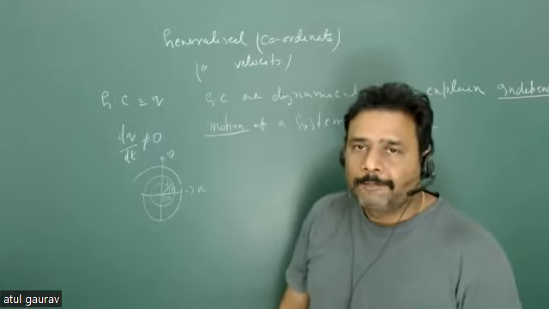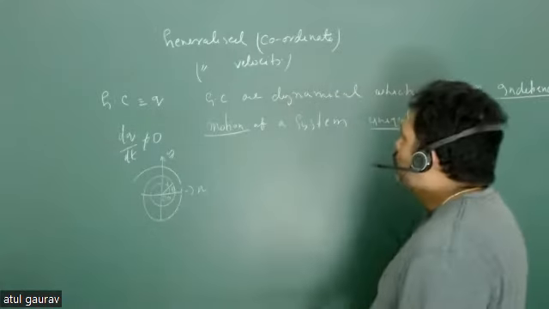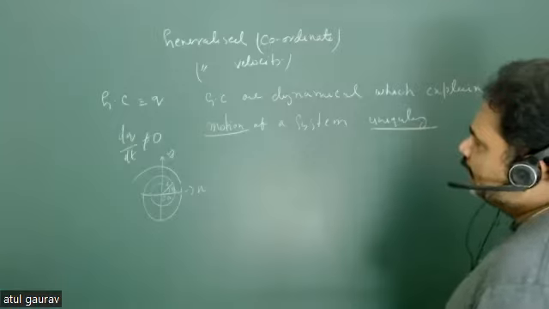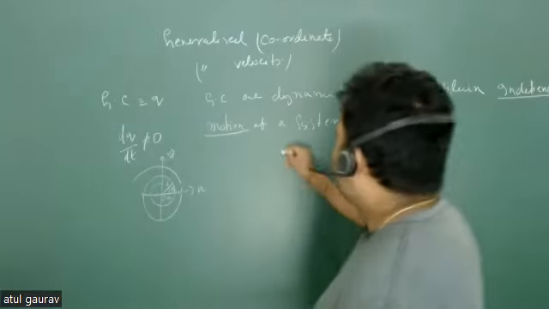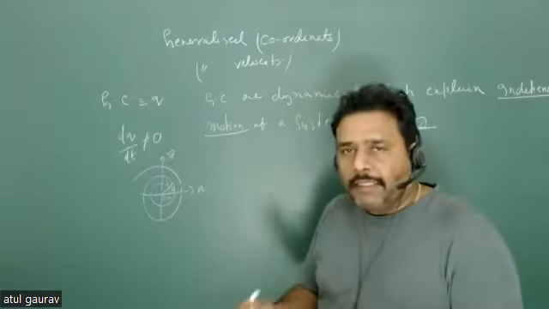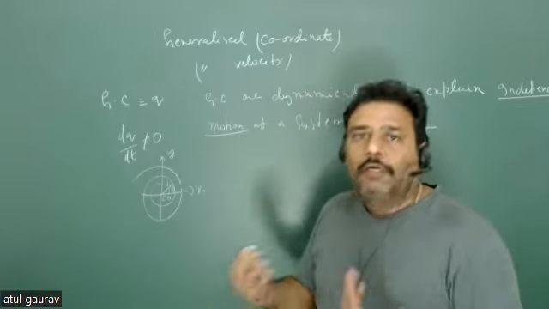Are you getting this? So the most important thing is, how would you check whether it is a generalized coordinate or not?